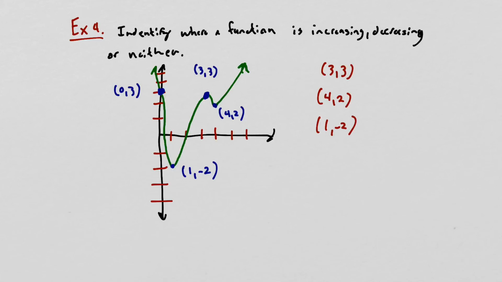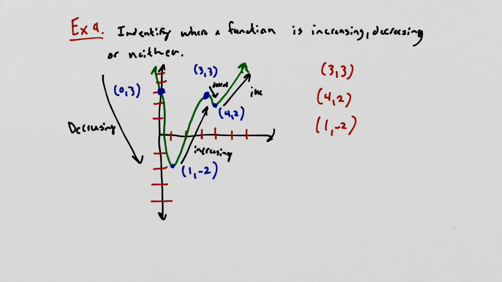So from negative infinity all the way up to 1, we know that our function is decreasing. And from 1 to 3, our function is increasing. Then again, from 3 to 4, it decreases. And then from 4 to infinity, it increases.